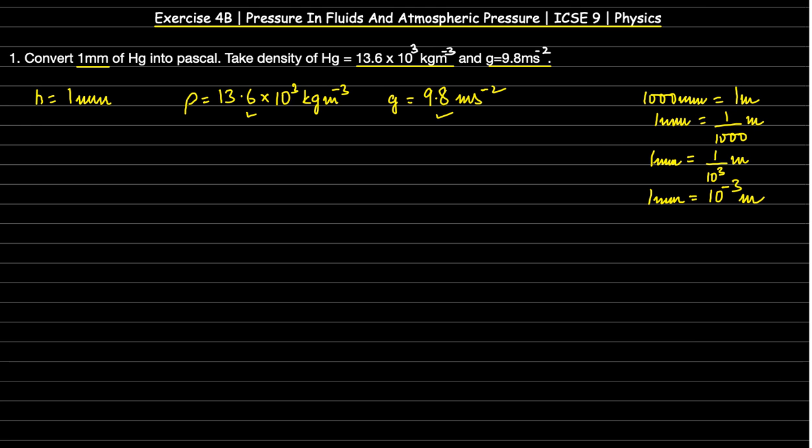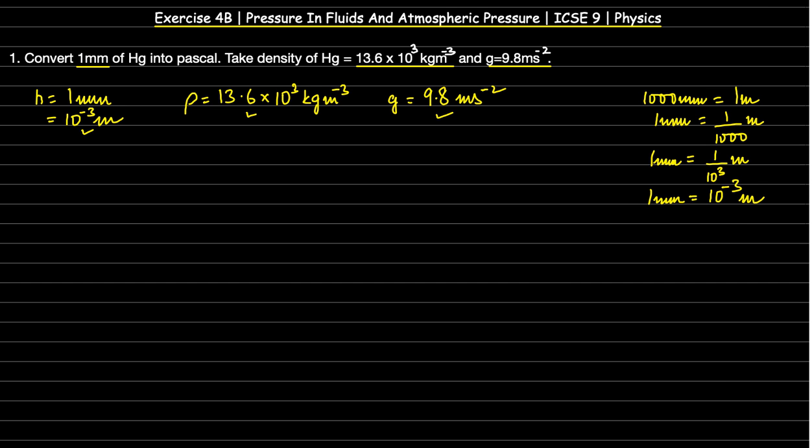Now here I can write this as 1 millimeter as 10 to the power of minus 3 meters. So now we have got all of them in SI unit. Height is also there in SI unit, density is also there in SI unit, and acceleration due to gravity is also there in SI unit.